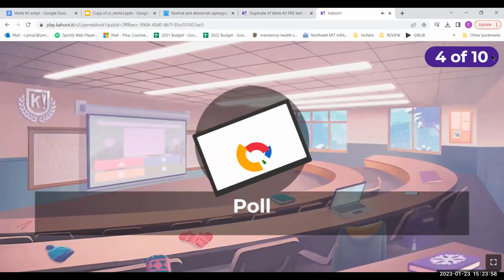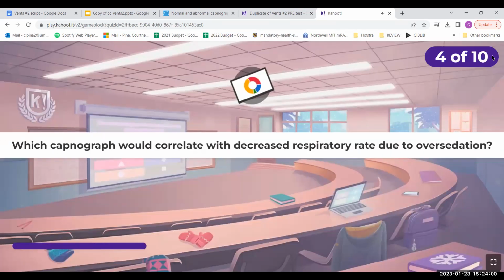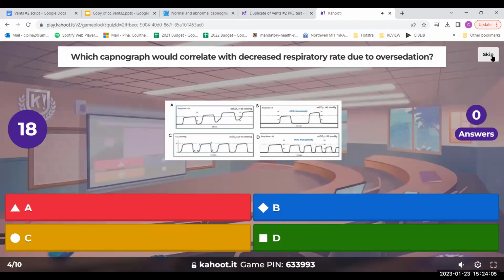Okay. So this one's focusing on the CO2 graph and what would be representative of oversedation.